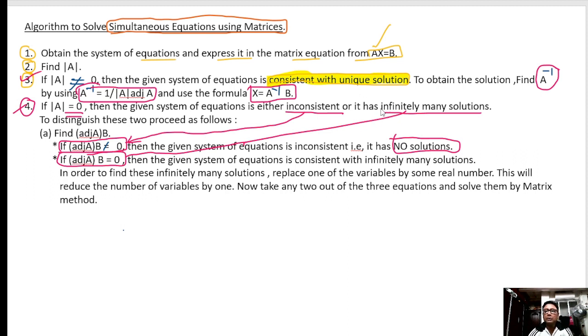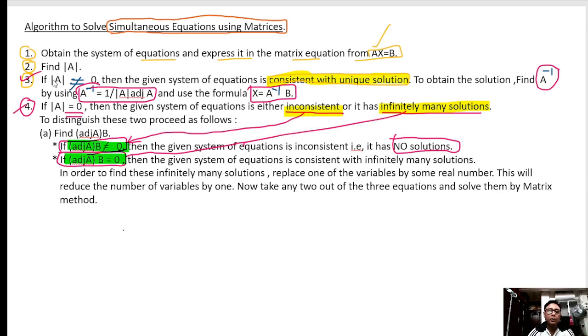Please understand, if adjoint of A into B is 0, it has infinitely many solutions. When is it possible? It is possible when adjoint of A into B is 0. Similarly, inconsistent, when is it possible? Inconsistent is possible when adjoint of A into B is not equal to 0. So these are the very important things.